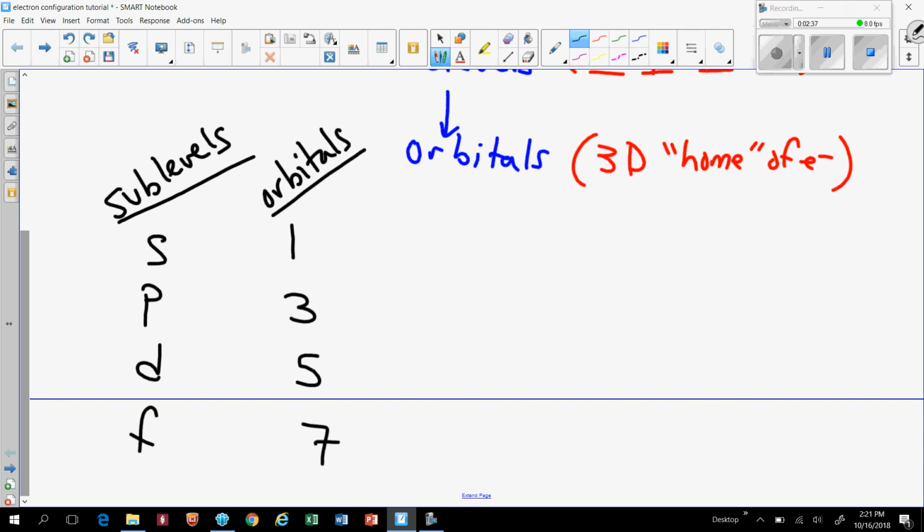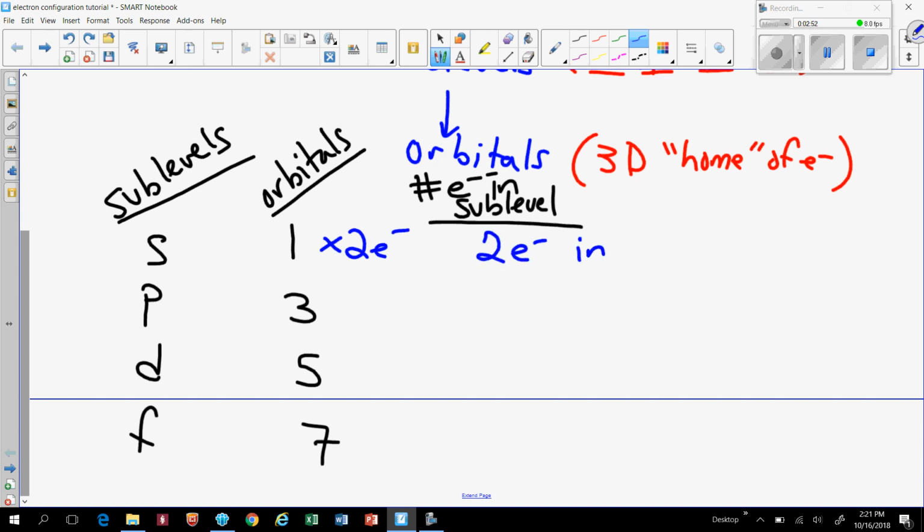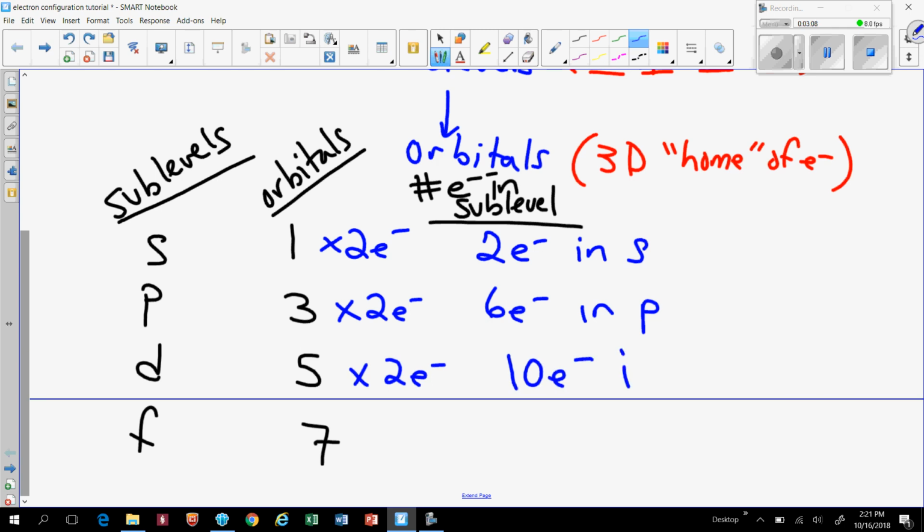Each orbital holds 2 electrons. So we're able to calculate the maximum number of electrons that can be in any sublevel because each orbital only holds 2 electrons. So 1 orbital times 2 electrons means that we can have 2 electrons in the S sublevel. 3 orbitals, with 2 electrons in each, gives us 6 electrons max in the P sublevel. 5 orbitals making up the D sublevel, 2 in each one, gives us a maximum of 10 electrons in the D sublevel.